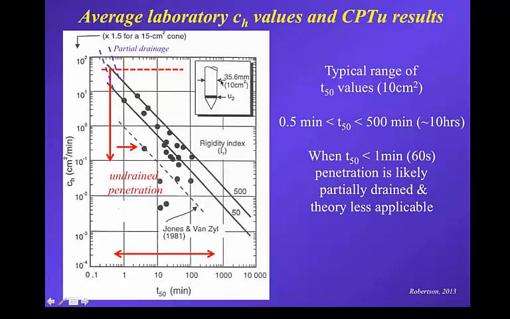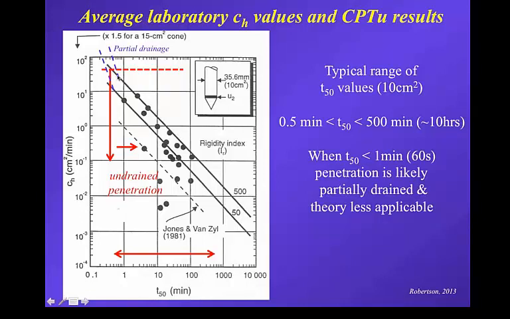If you come back to the nomograph that I had used back in '92, where CH is on the vertical scale and T50 is on the horizontal scale, in minutes, you can now see why I stopped the curves at roughly half a minute, because that's when you start to get into partial drainage. I'd always stopped it in that region, having a sense that the theory no longer applied up there.